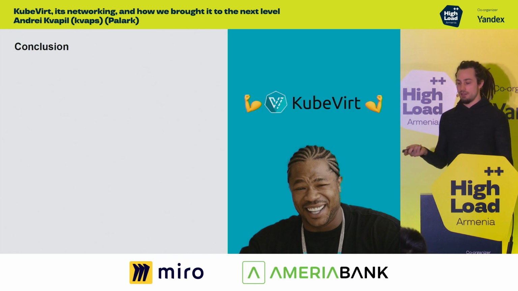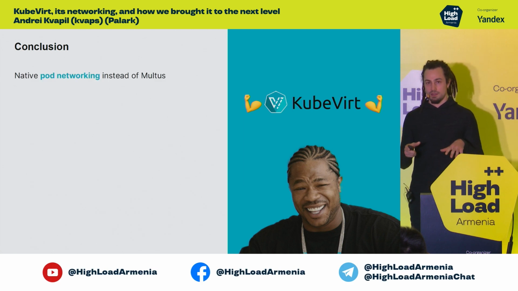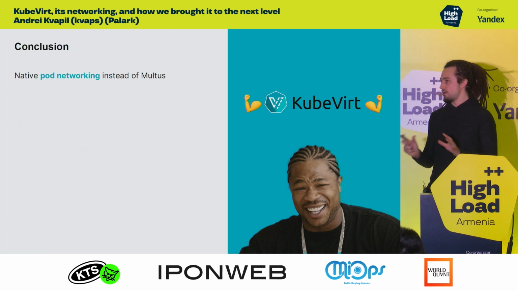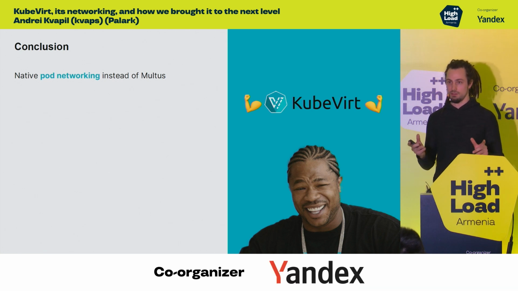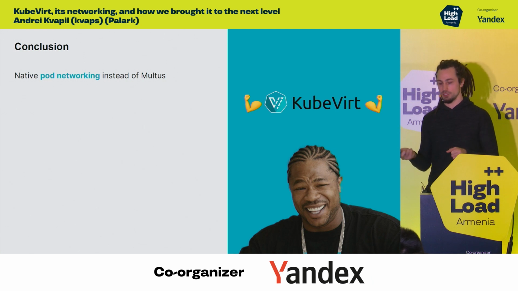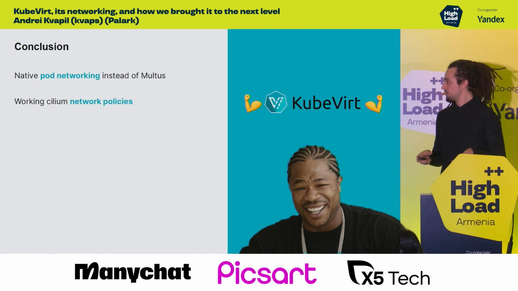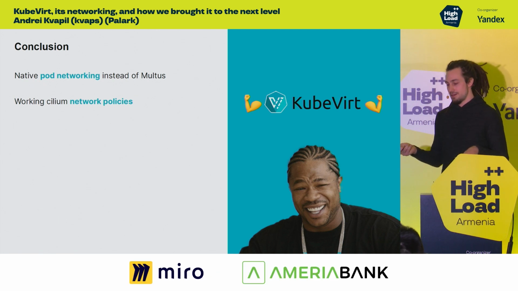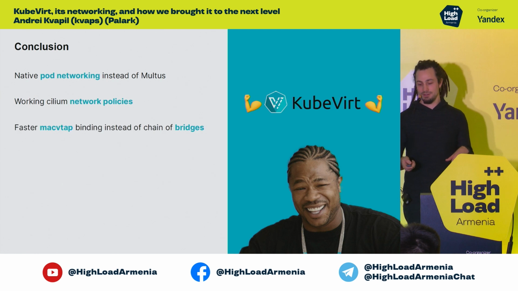So in the end, we got a really interesting system. We got native pod networking working with KubeVirt without any Multus, without any extensions. We can use native pod networking for virtual machines. We have all the features enabled, like Cilium network policies, services. As well, you can use standard load balancers to route your traffic to the virtual machine.